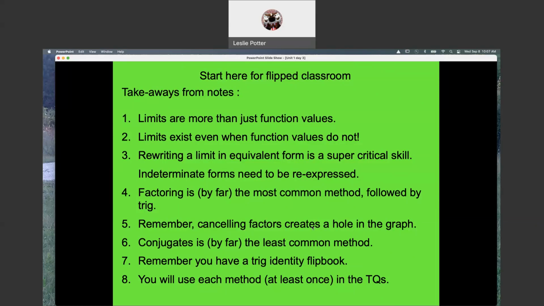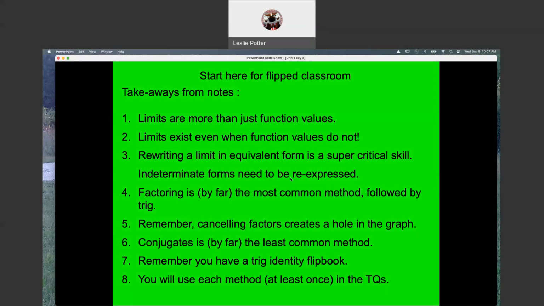We have to accommodate for things like, when I have a hole, my limit is down here, it's not up there. Or if I have an asymptote, then I could be doing different things on either side of the asymptote. So it's more than just function values. Limits exist when function values do not, like the holes. Rewriting a limit in equivalent form is a supercritical skill. And that's where we get the indeterminate forms that need to be re-expressed.